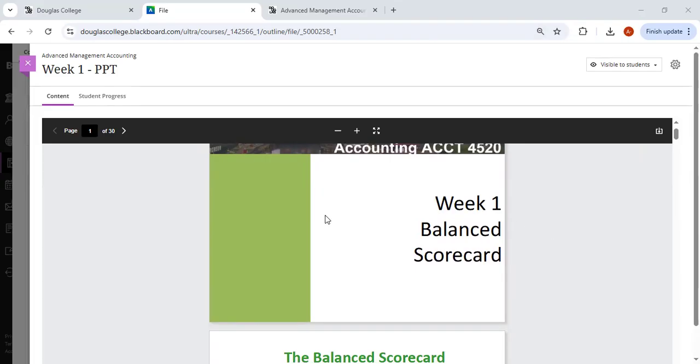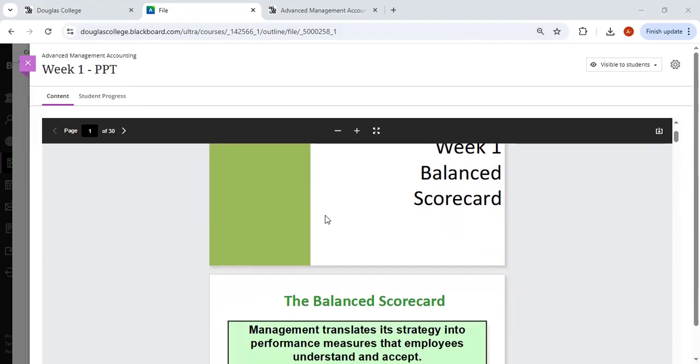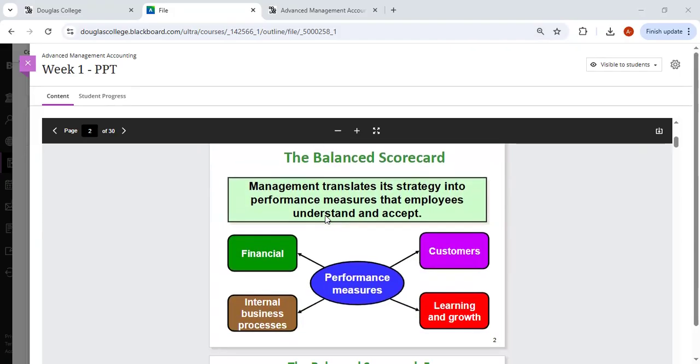Why is the balanced scorecard important? Because the balanced scorecard simply gives you an idea of how the management translates the strategy into performance measures that everybody in the organization, not only the employees, but everybody can understand and accept.